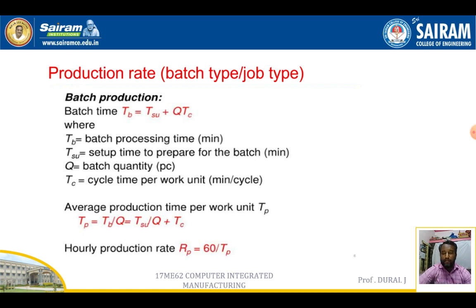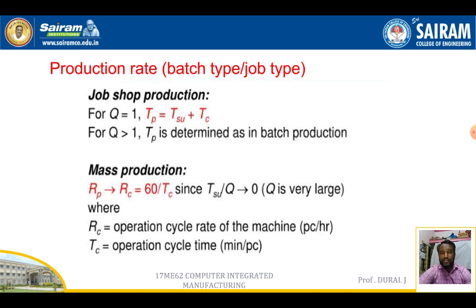This is the average production time, and production rate we can measure with RP is equal to 60 by TP. Usually that 60 is used to convert minutes into hours, so production rate is always measured on an hourly basis.